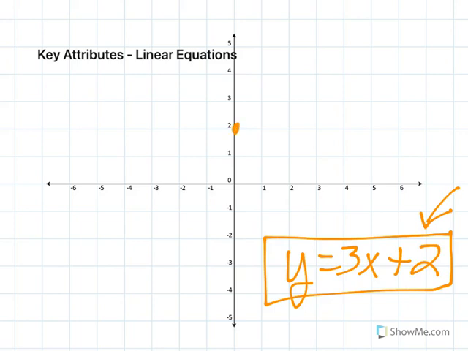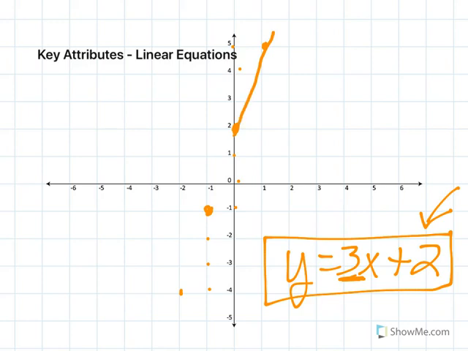And you know the slope is 3, because that's right here, mx plus b. So you can count blocks. You can go 1, 2, 3, and over 1. Okay, 1, 2, 3, and over 1, or up 3 and over 1.